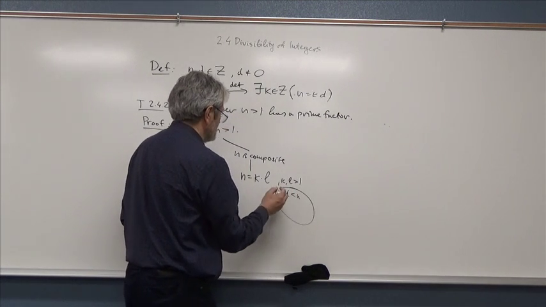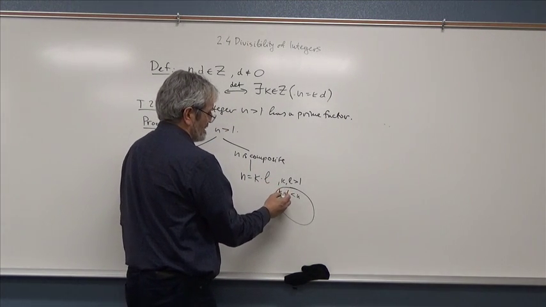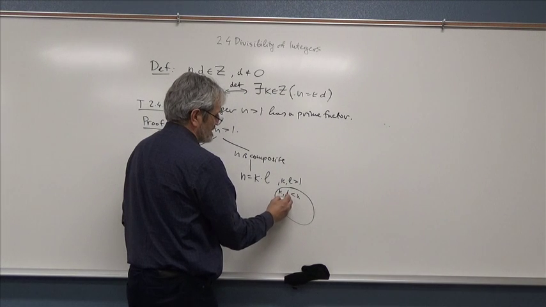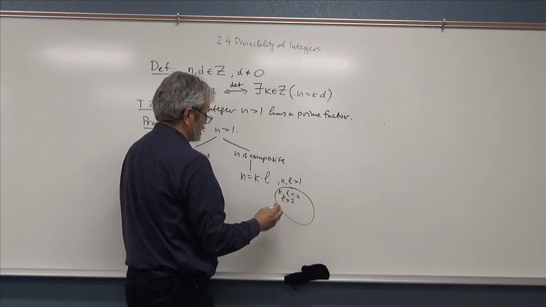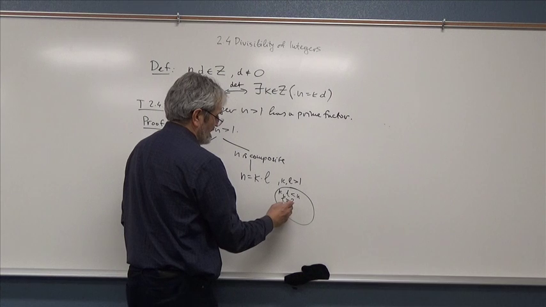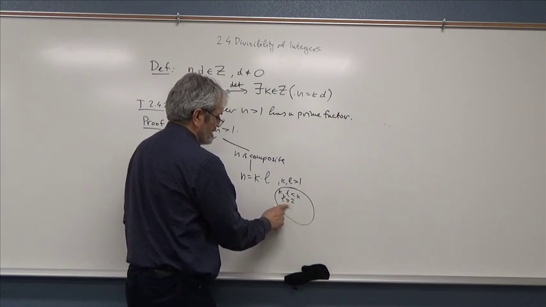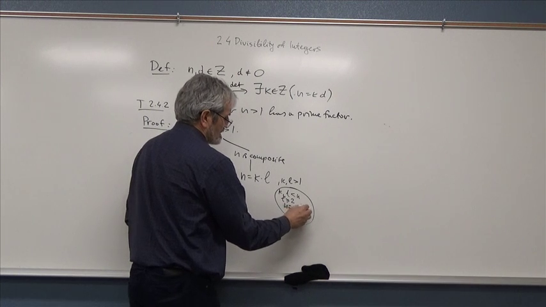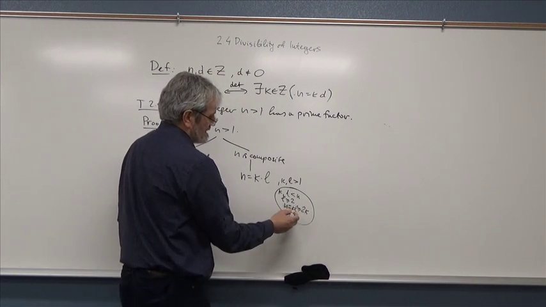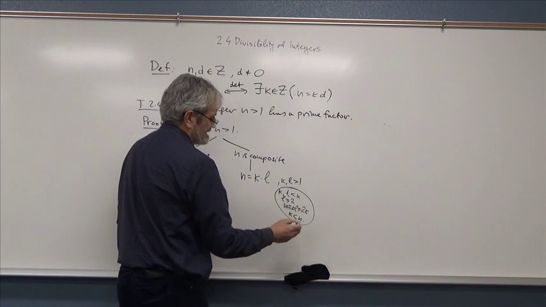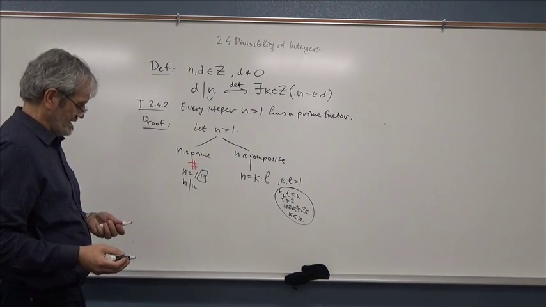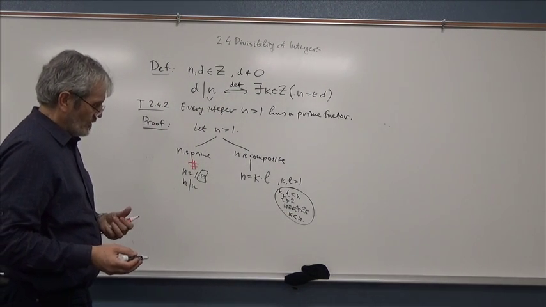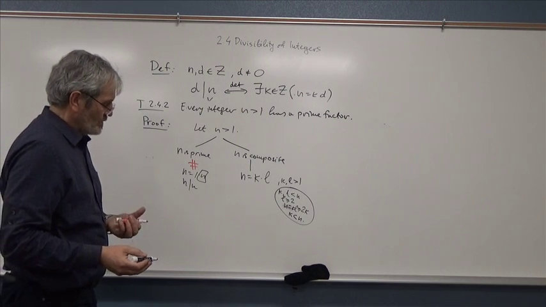That's fairly easy. Because if l is greater than 1, then n, which is kl, is greater than k, so obviously k itself is less than n. The same way l is less than n. So they are both less than n.